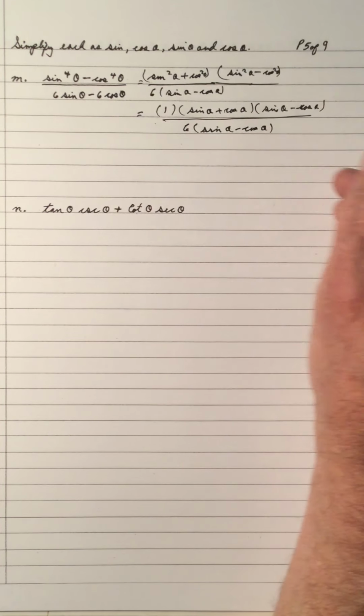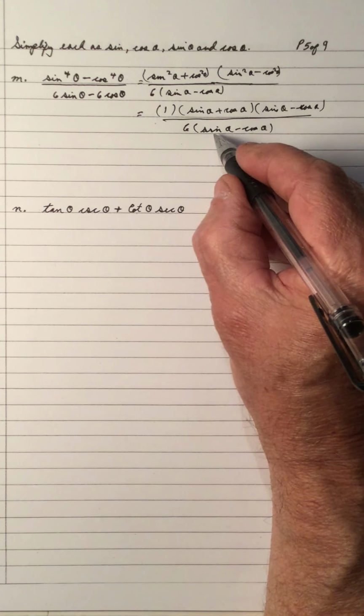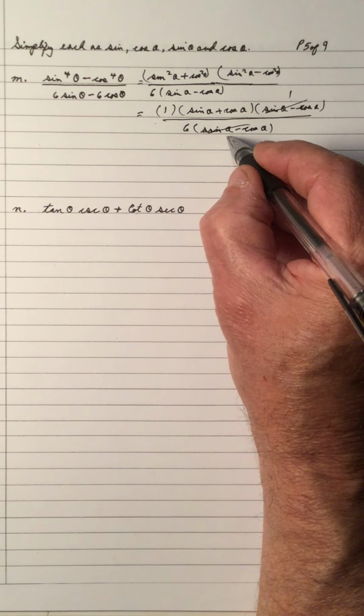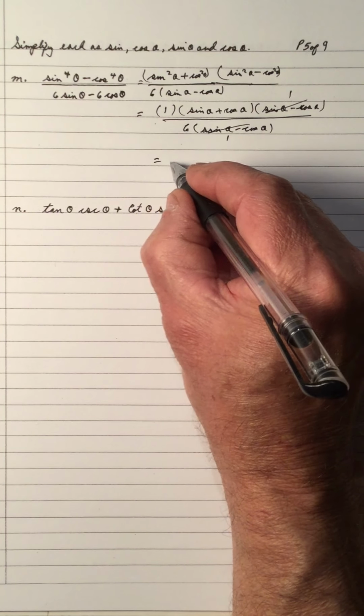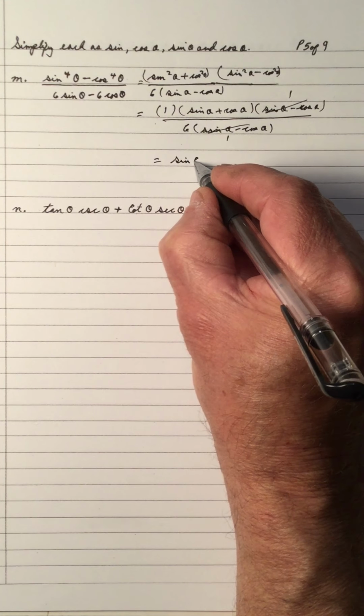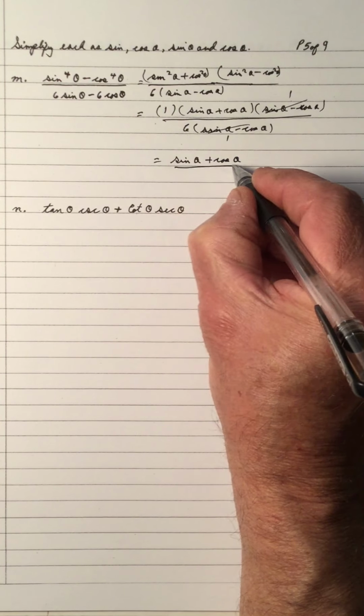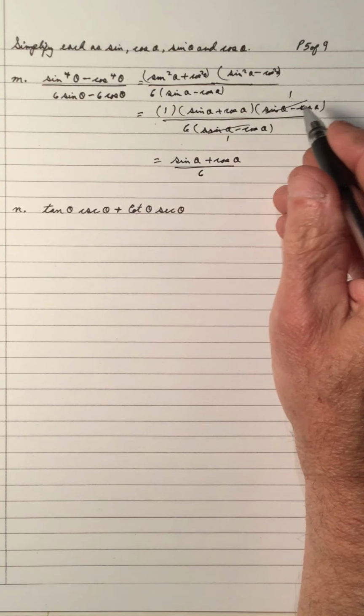Notice you keep factoring, and sine theta minus cos theta is there, so that as a factor cancels out. So this becomes sine theta plus cos theta divided by 6.